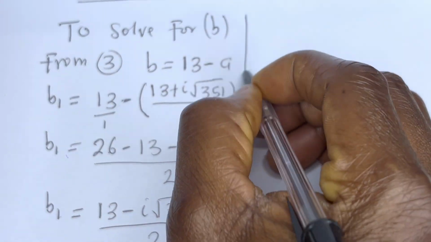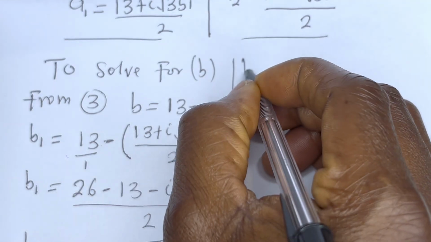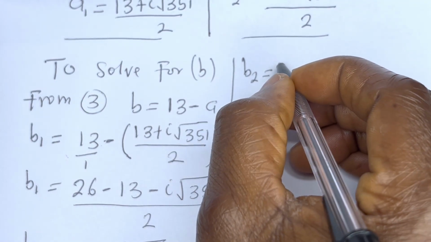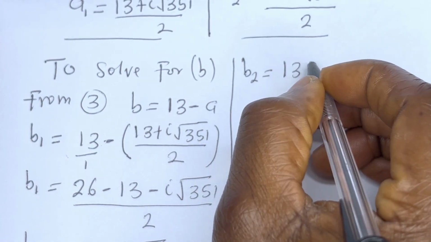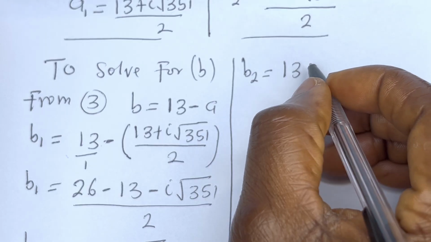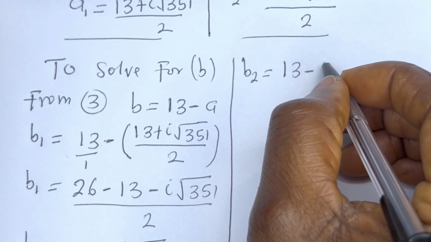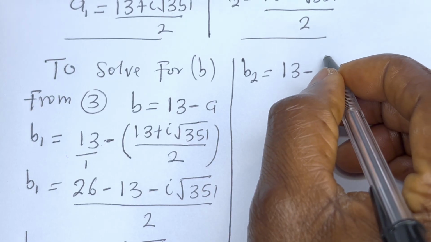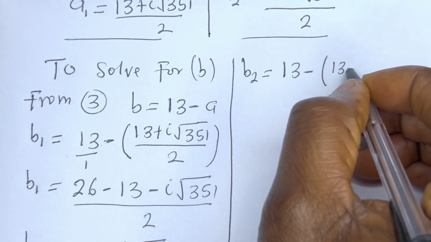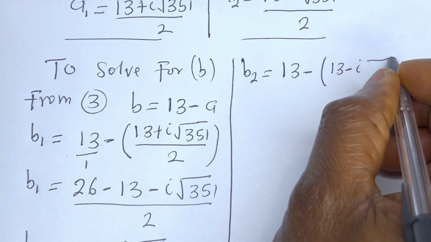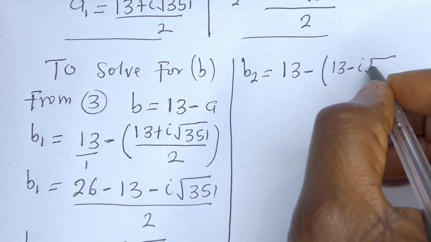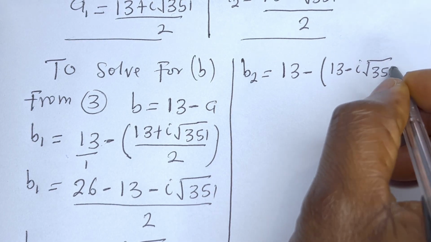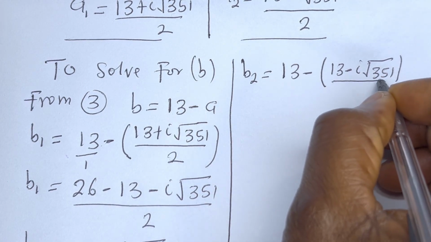Then also B2 is equal to 13 minus bracket 13 minus i square root of 351 over 2.